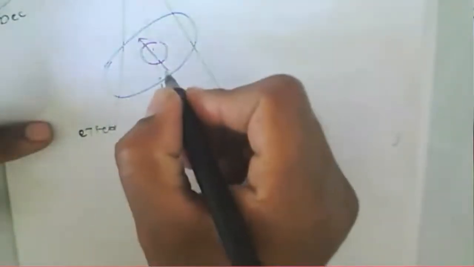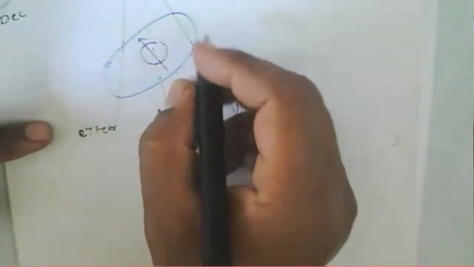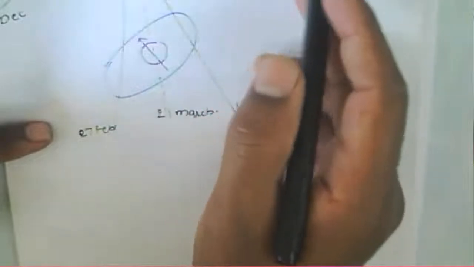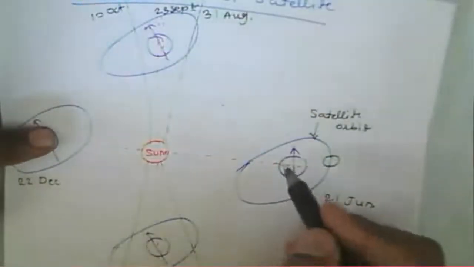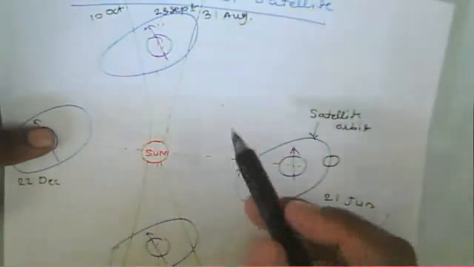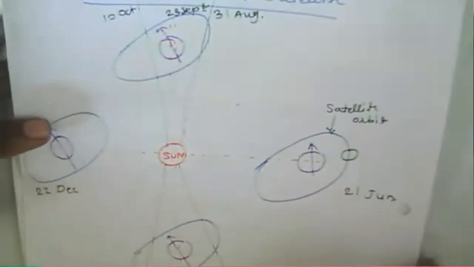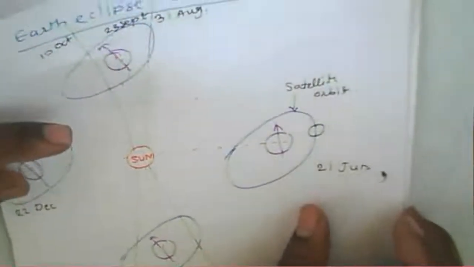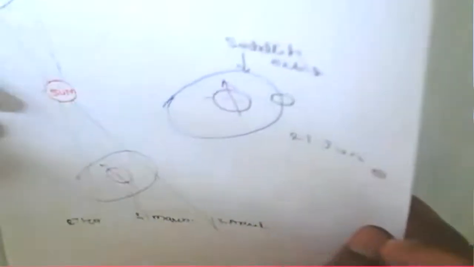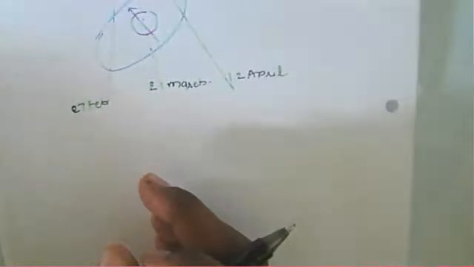Now, suppose we have the satellite orbit and the Earth, and consider it the inclined one. If it is a geostationary satellite, then the eclipse occurs this way.